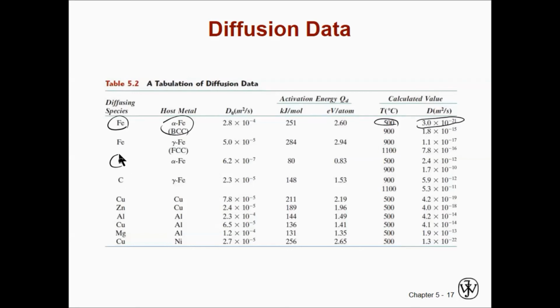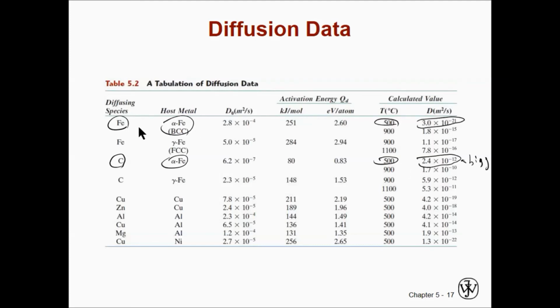Now this time, if copper is diffusing in alpha iron, the same metal, at the same temperature, I have a different diffusion coefficient. This one will be bigger. That means the diffusing species and host metal define diffusion, and temperature defines the diffusion coefficient.